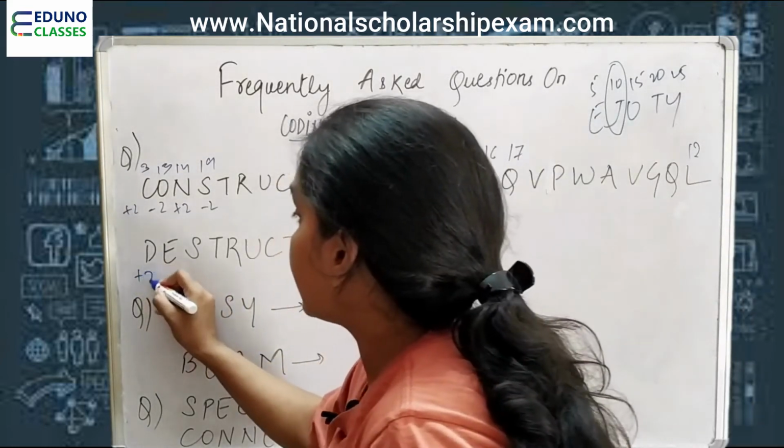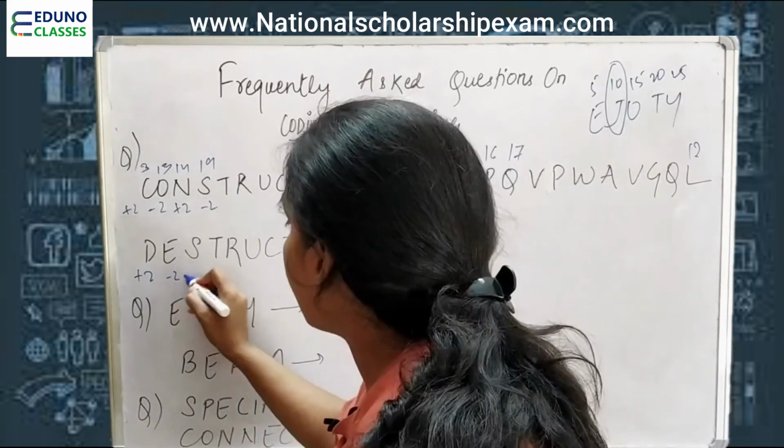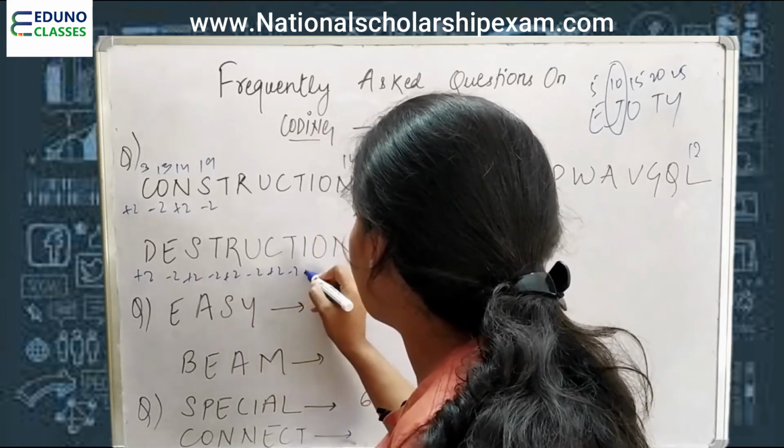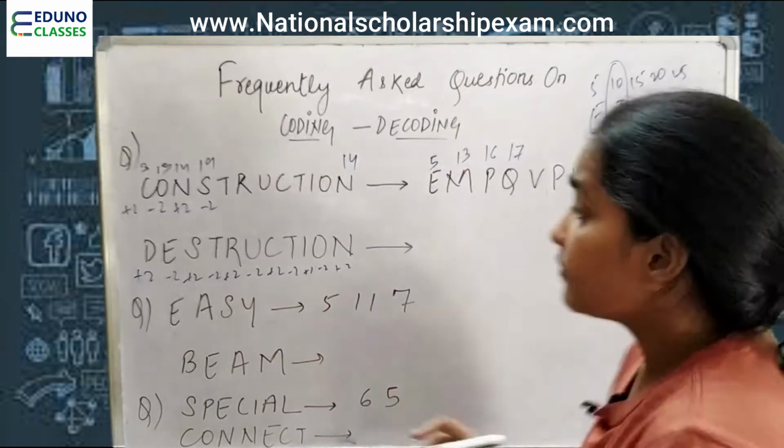Write this here, starting from plus 2: plus 2, minus 2, plus 2, minus 2, and so on.